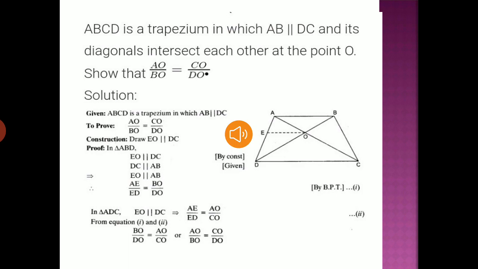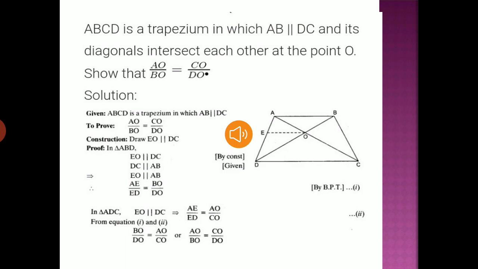So draw EO parallel to DC. Now consider triangle ABD. In this triangle ABD, EO is parallel to AB because EO is parallel to DC and DC is parallel to AB. Therefore, you can consider EO parallel to AB.